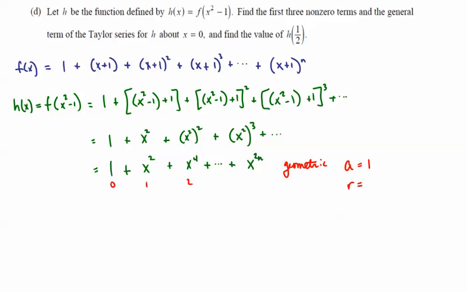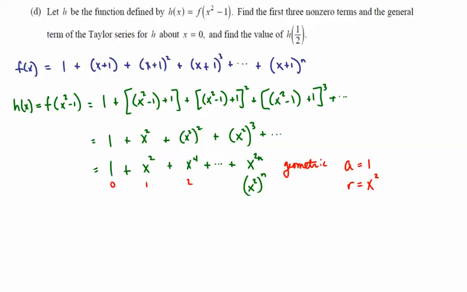So you really have to be careful with that. If we went back to that general term and wrote it as x squared to the n, then that would be geometric. So our common ratio is x squared.